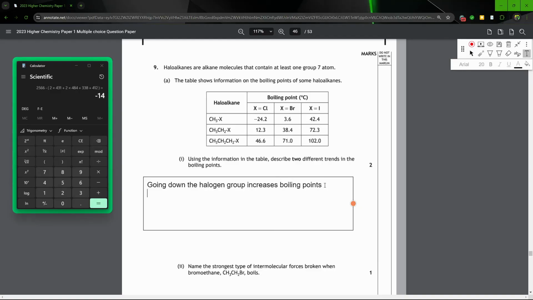And the other trend is that increasing carbon chain length also increases boiling points.